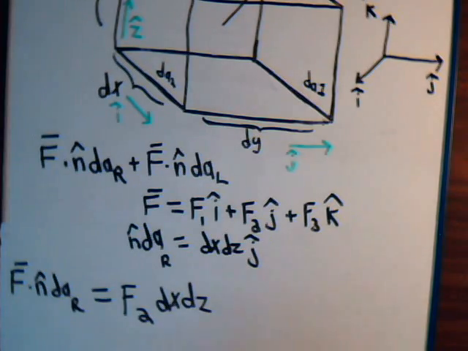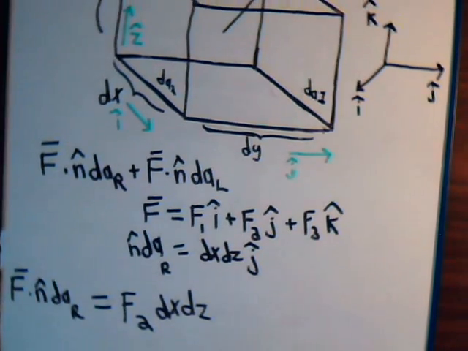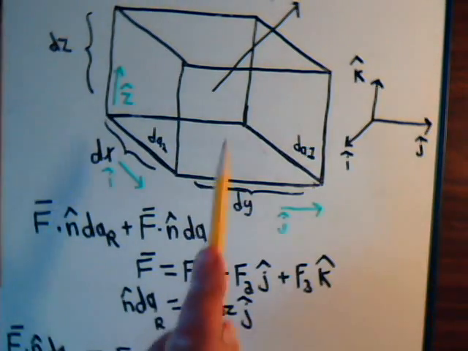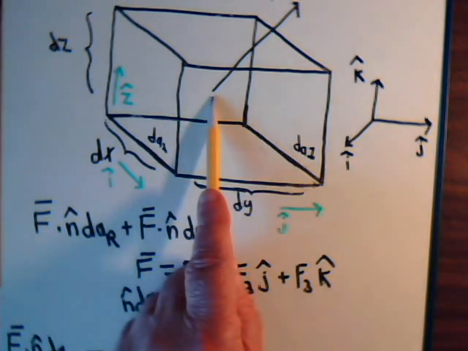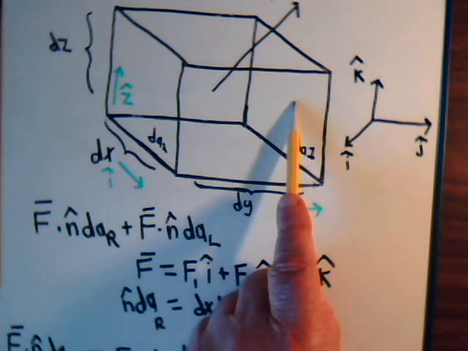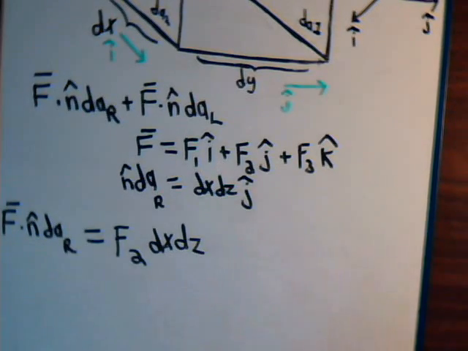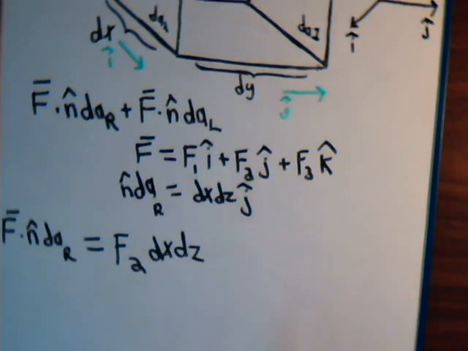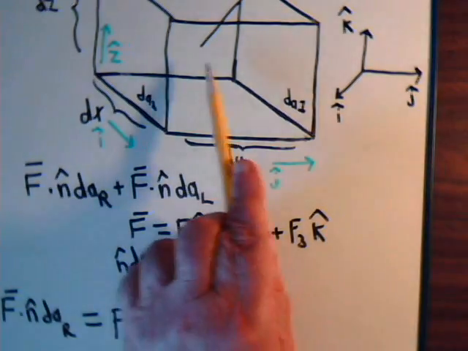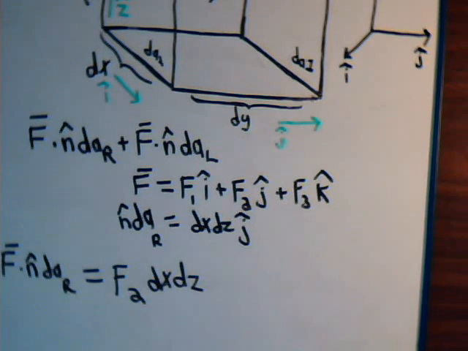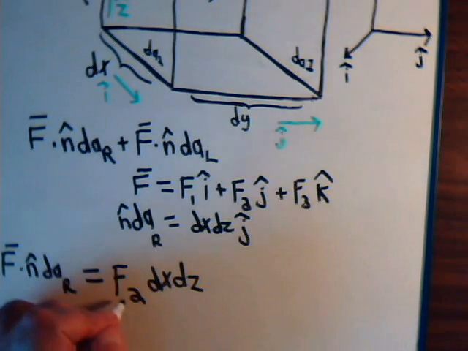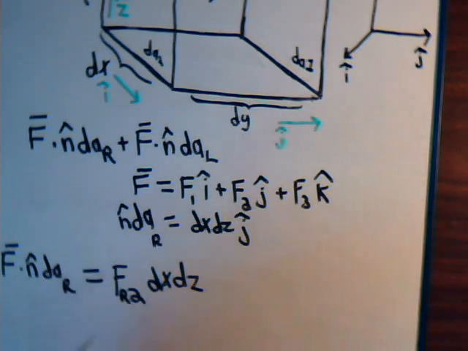However, we have to think now. To take this dot product, we first had to move the vector from the middle of the cube a distance of dy over 2, so as to be in juxtaposition with that right-hand face. So that means that, as we just showed, since each of the components is a function of x, y, and z, and we just shifted it in the y direction, then this was originally in the middle of the cube, but now we have it at the right-hand face.